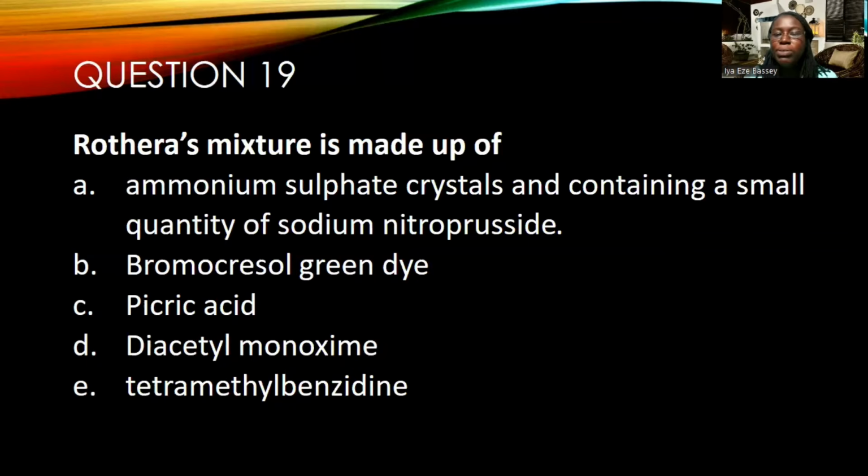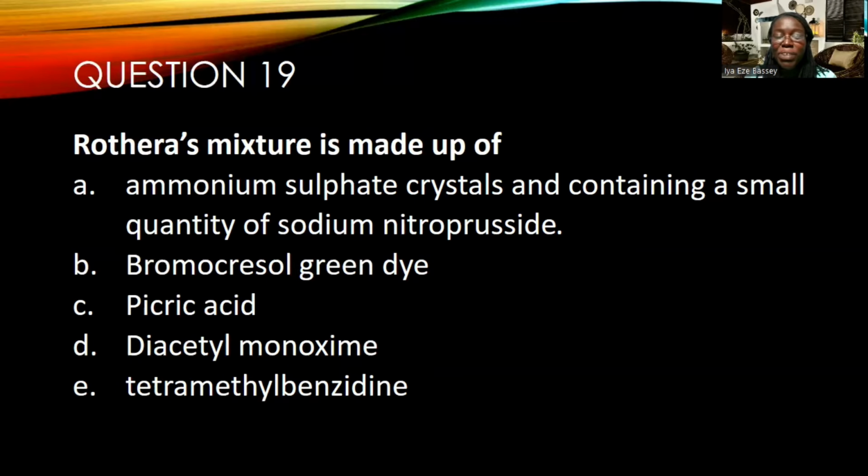All right. So referrals mixture, what is it made up of? A, ammonium sulfate crystals containing a small quantity of sodium nitroprusside. B, bromocresol green dye. Wow. C, picric acid. D, diacetyl monoxide. E, tetramethylbenzidine. So which is your answer?